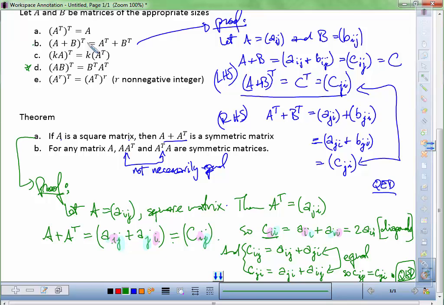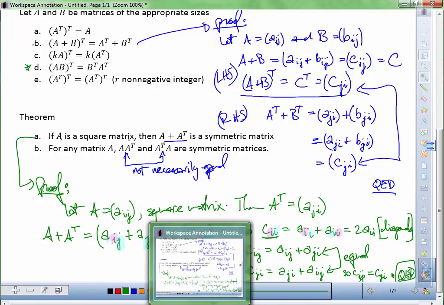All right, so those are some properties of the transpose. There are other important kinds of matrices to consider, and these they didn't bother putting in the section. Instead, they put them as exercises towards the back of the section.